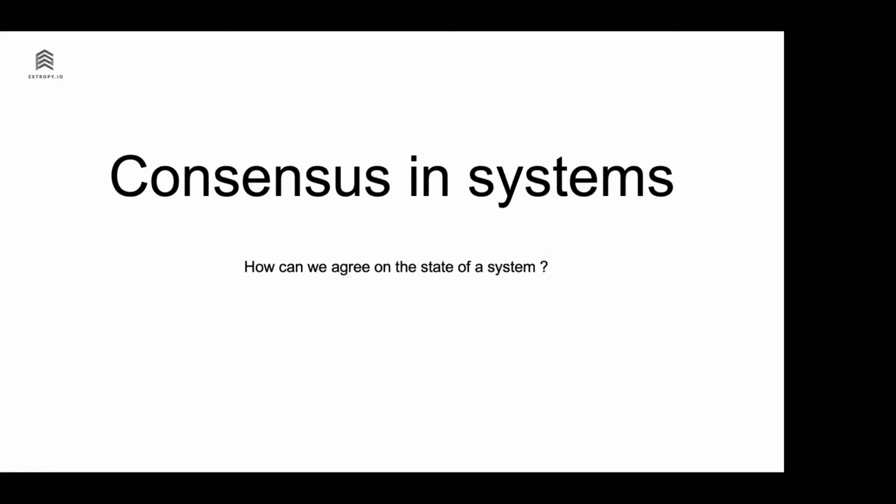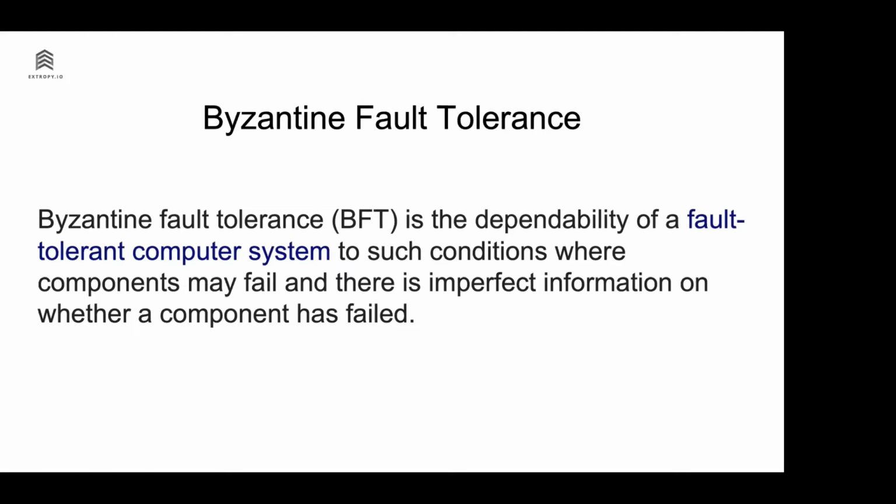Okay, so that's what the blocks look like in general. But given that we've got these blocks and these transactions, how can we agree about the current state of a system? The ideas for this go back to before blockchain.